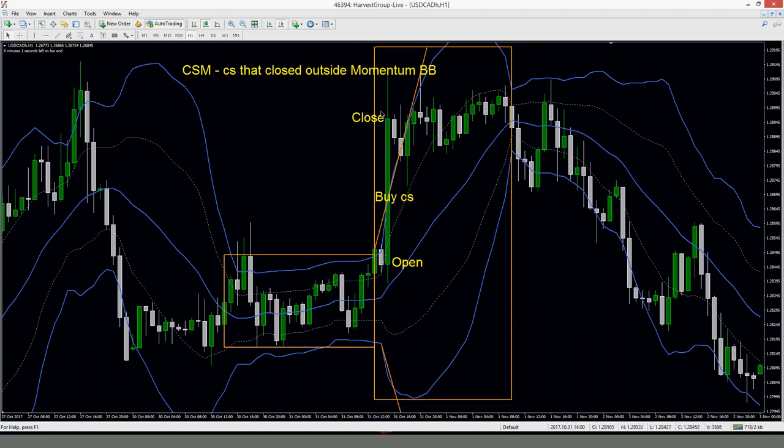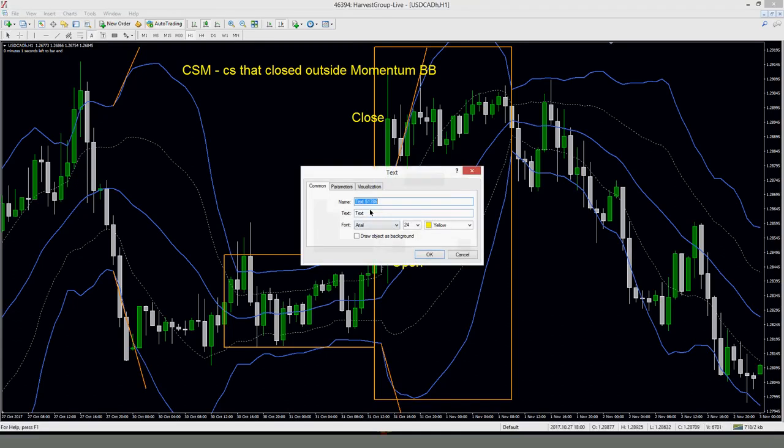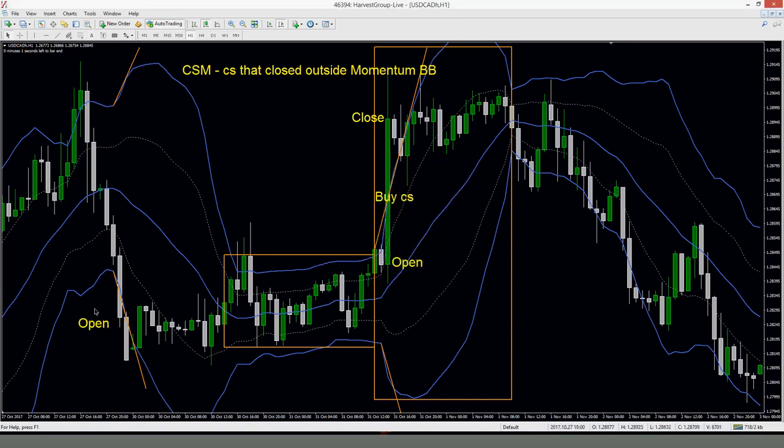You have a candle that closes outside a momentum Bollinger Band. And over here on the left, we can see that this is a momentum Bollinger Band because top and low BB are pointing in opposite directions, and you have a sell candle that opens at the top and closes at the bottom.